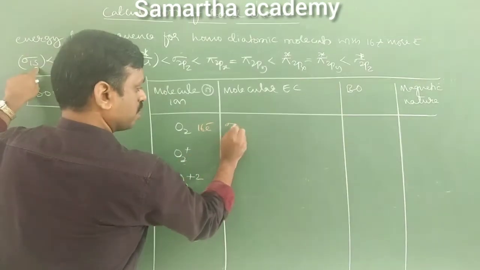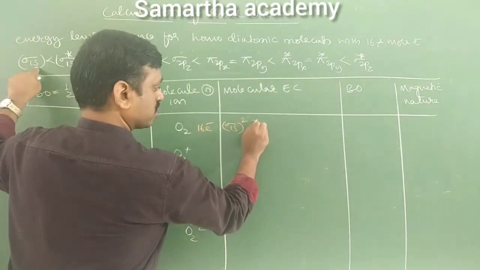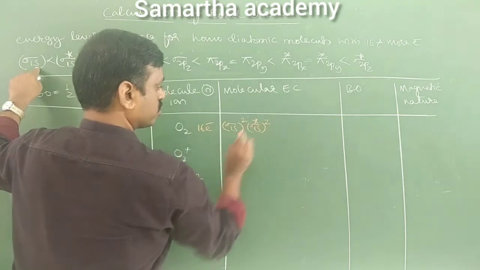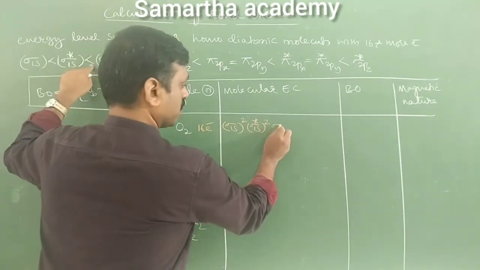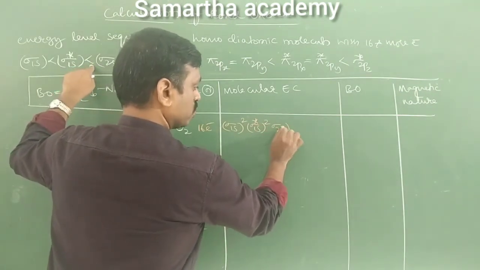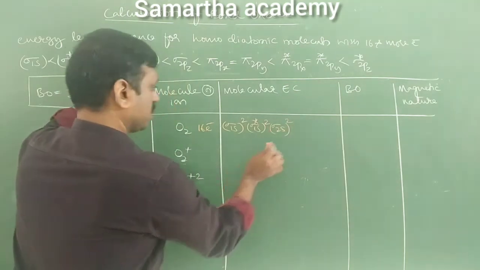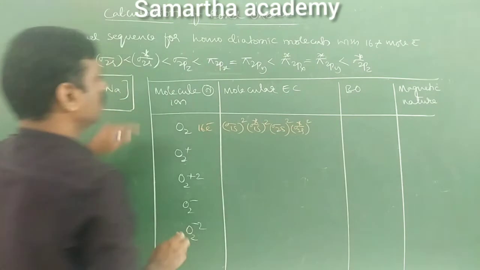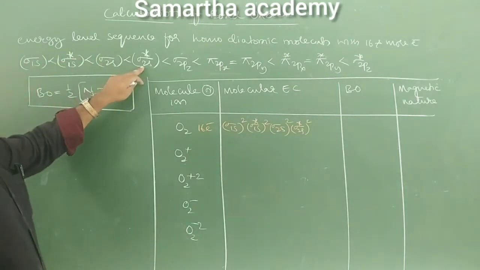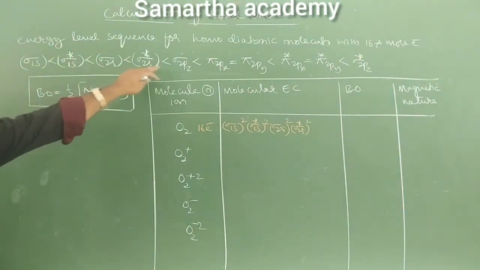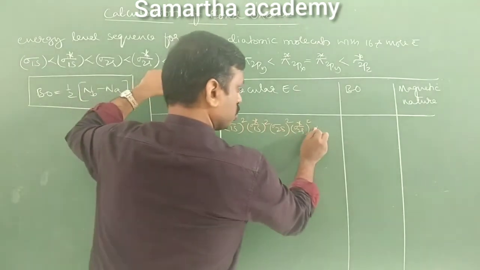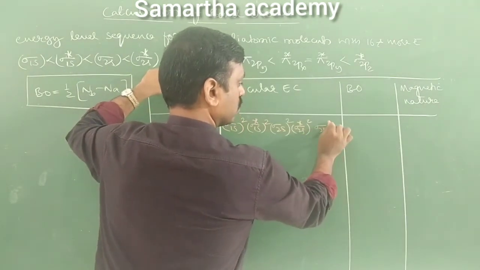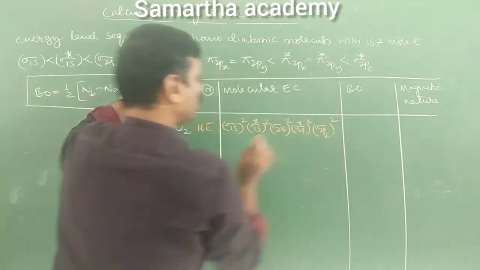First is sigma 1s2, next sigma star 1s2, next sigma 2s2, next sigma star 2s2. Then after sigma star 2s2, the electron enters into sigma 2pz2.